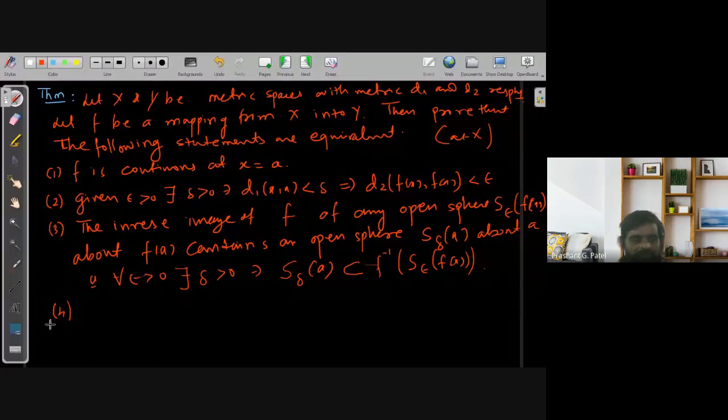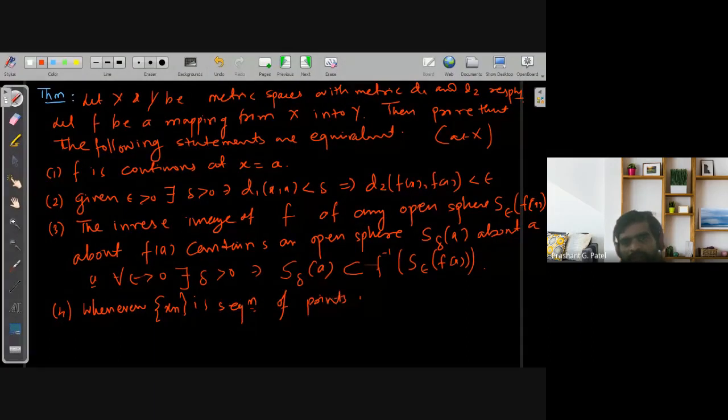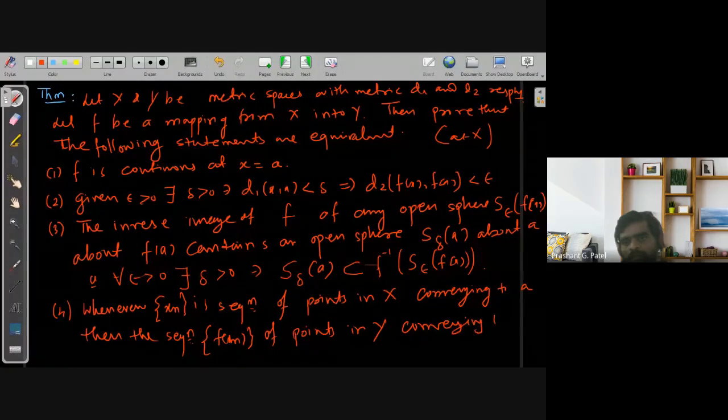And the fourth condition says that whenever xn is a sequence of points in X converging to a, then the sequence f(xn) of points in Y converges to f(a).